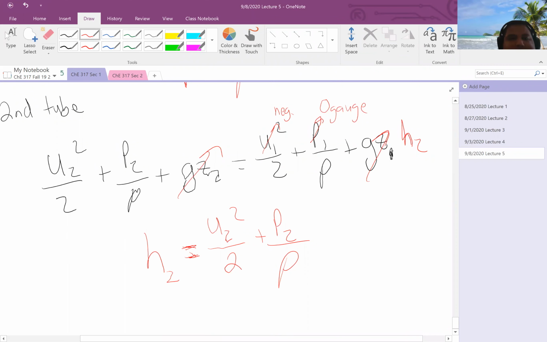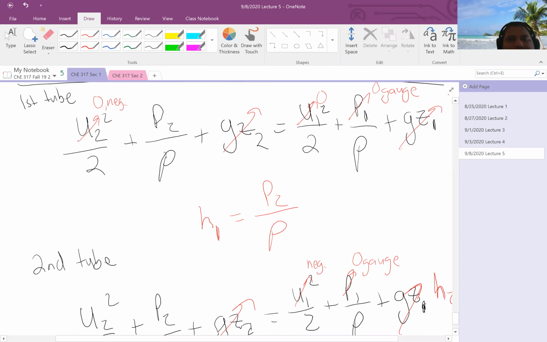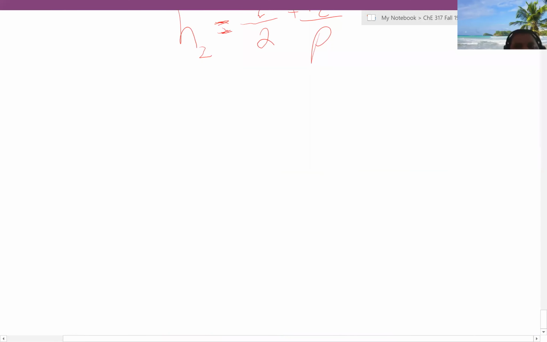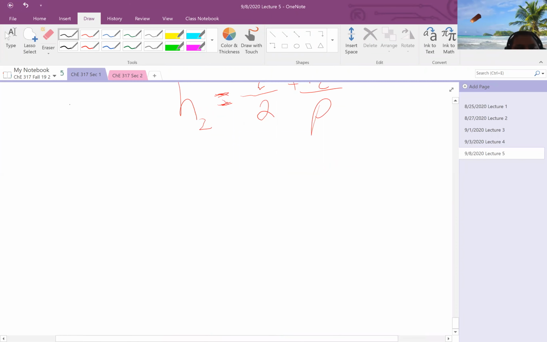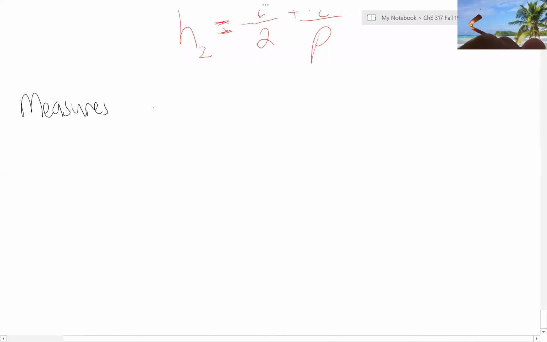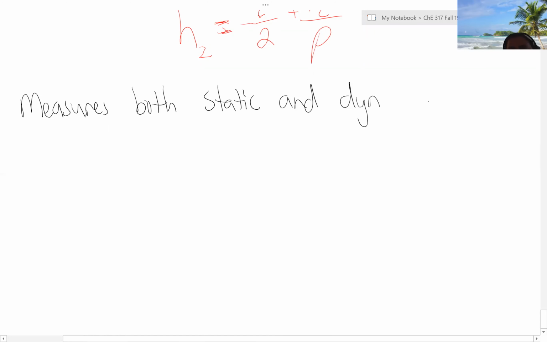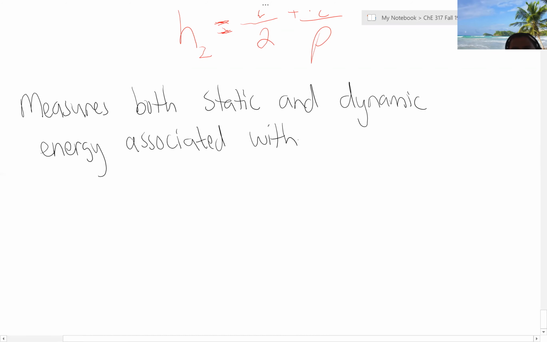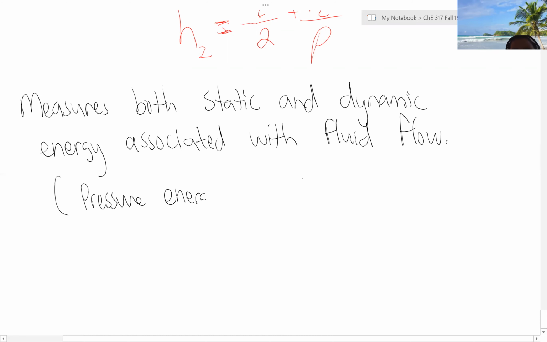And so Pitot tubes are a way of measuring both static and dynamic energies associated with fluid flow. What that really means is you're measuring the pressure energy and the kinetic energy.